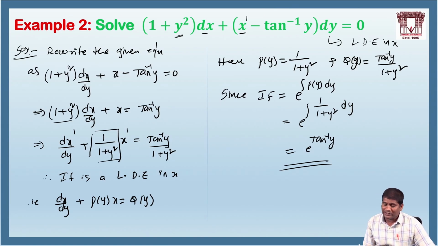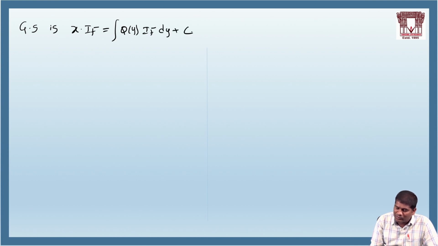Now we are going to write the general solution of this differential equation. This is a linear differential equation in x, so its general solution is x times the integrating factor equals the integral of Q(y) times the integrating factor dy, plus some constant c.